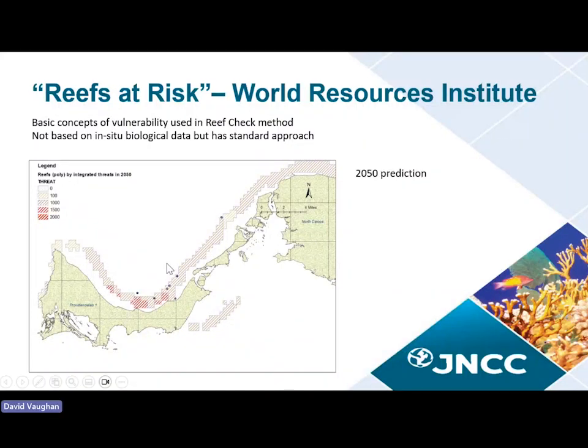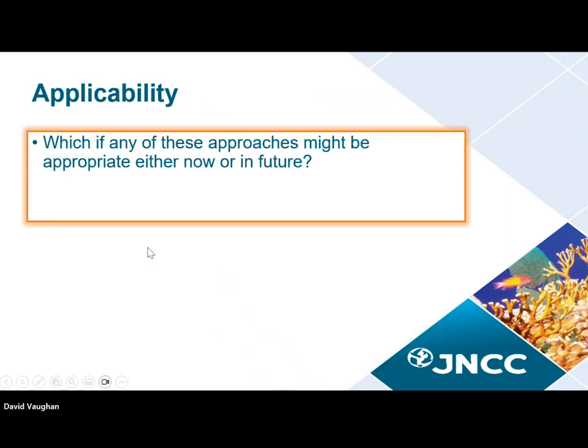And there's 2050, where things are starting to get worse, again pretty much around that bay that you've all marked, Princess Alexandra NP. The method used here has been applied globally by the World Resources Institute. It's really a way forward using those kinds of data.